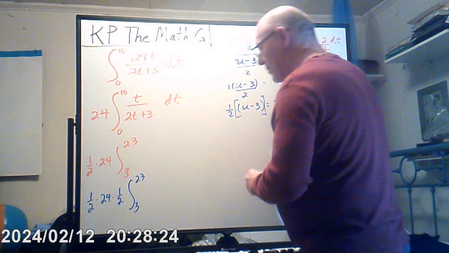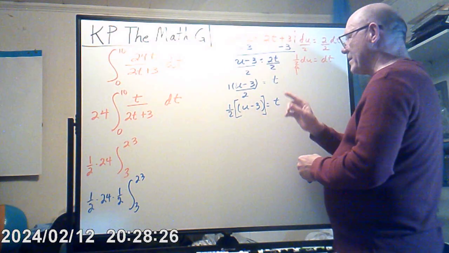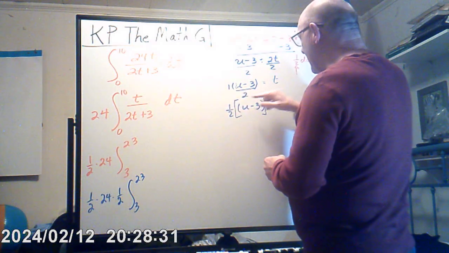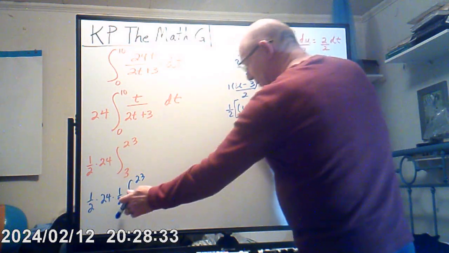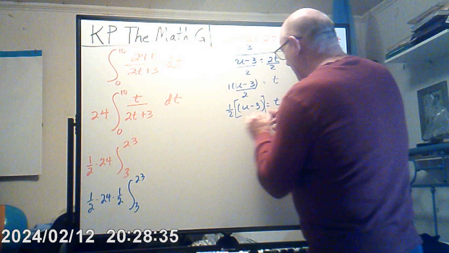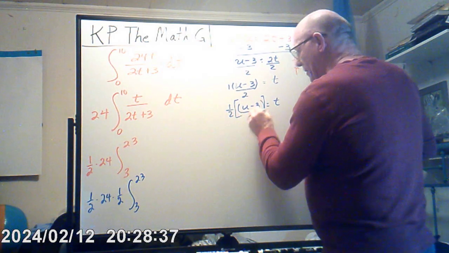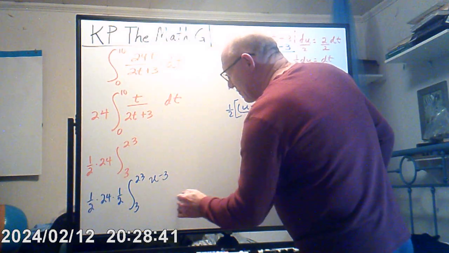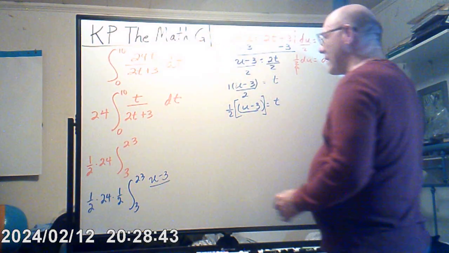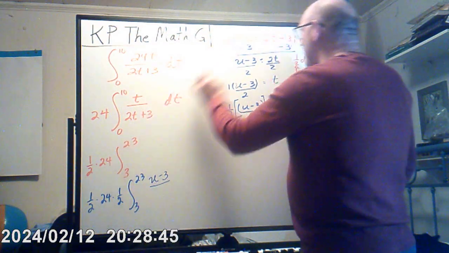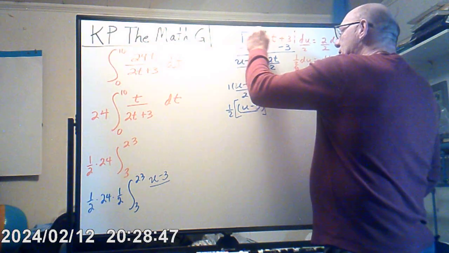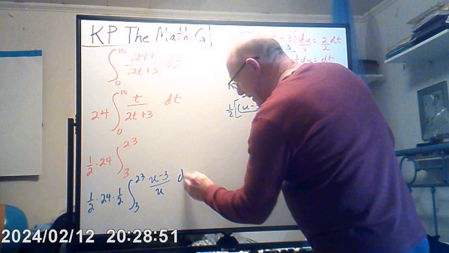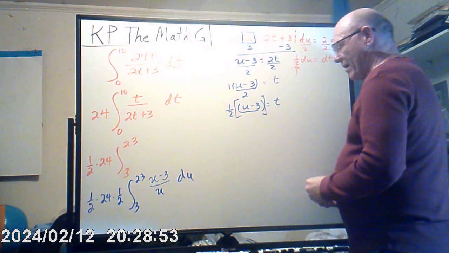So now what do I have here? t is just u minus 3, since I already got the 1/2 over here, and I let 2t plus 3 be equal to u, with du.